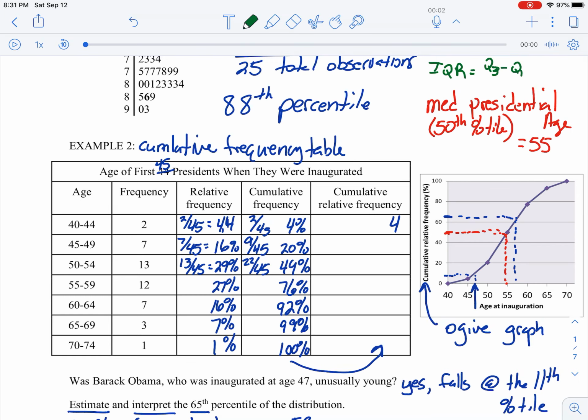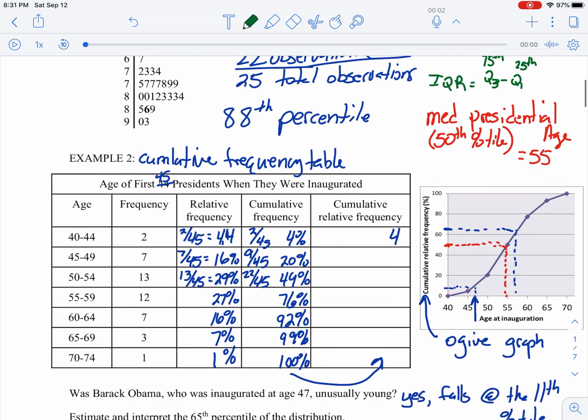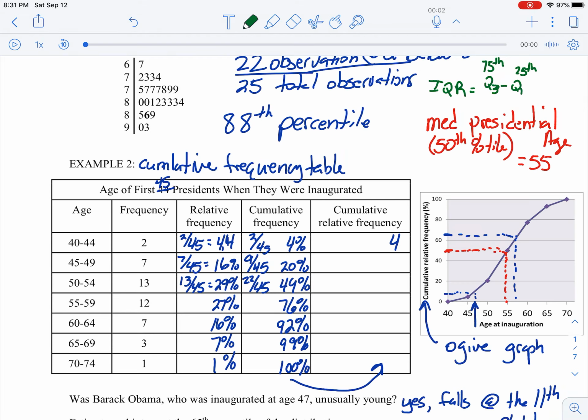I have to remember from the box plot that quartile 3 happens at the 75th percentile. Quartile 1 happens to be the 25th percentile. Now we can go to that ogive graph and find the 75th percentile. Here's 80. That means 75 is roughly in here.